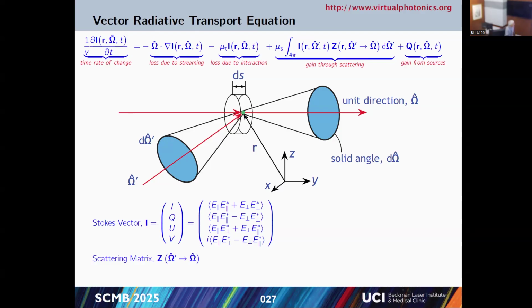I'm not that well versed in the Stokes vector, to be completely honest with you. Apparently, if you can solve for each of these four components of the Stokes vector, you have a complete description of the polarization state of the wave. I don't actually know the history.